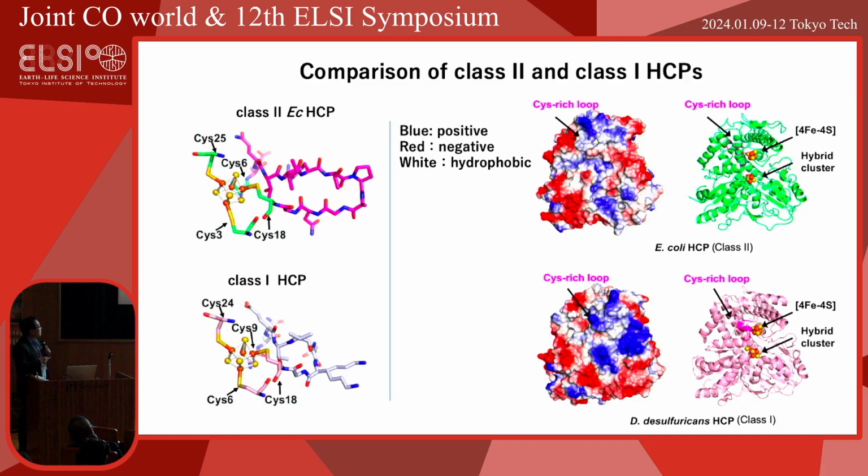The electrostatic structure on the surface is like this, and you can see the hydrophobic area is mainly observed around the N-terminal region of class 2 HCP. Instead, the class 1 HCP has a more positively charged region near the 4-iron-4-sulfur cluster. This is very convincing when thinking of the difference in the redox partner between class 2 and class 1.